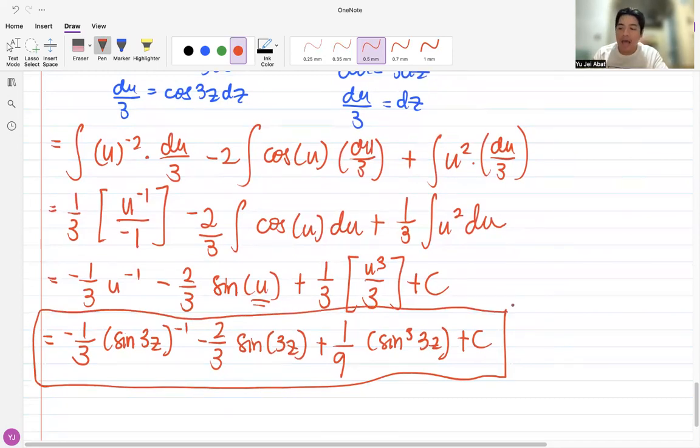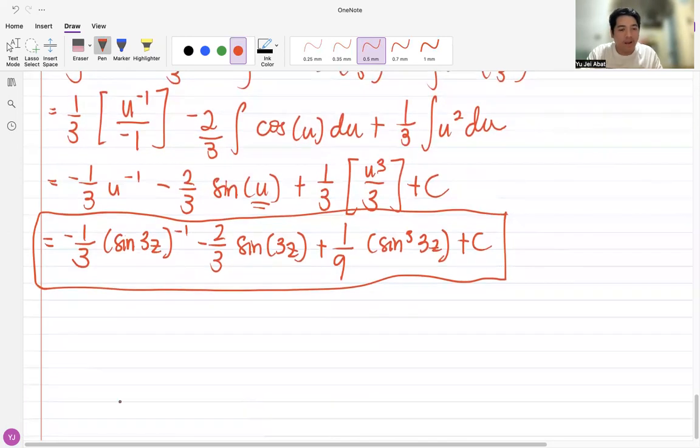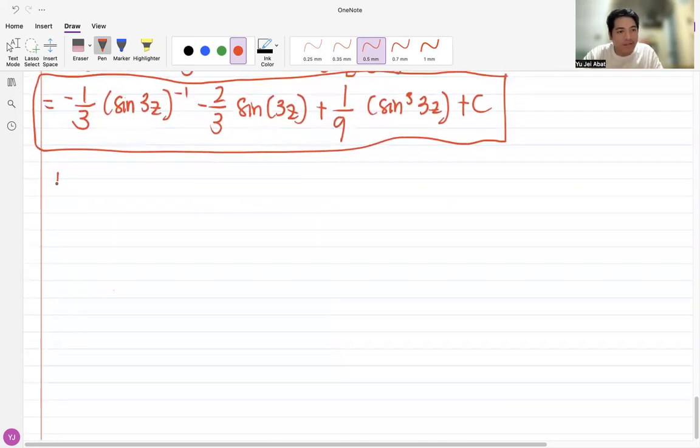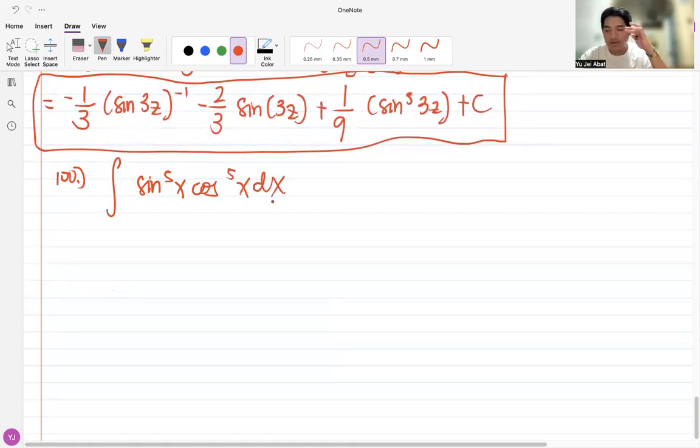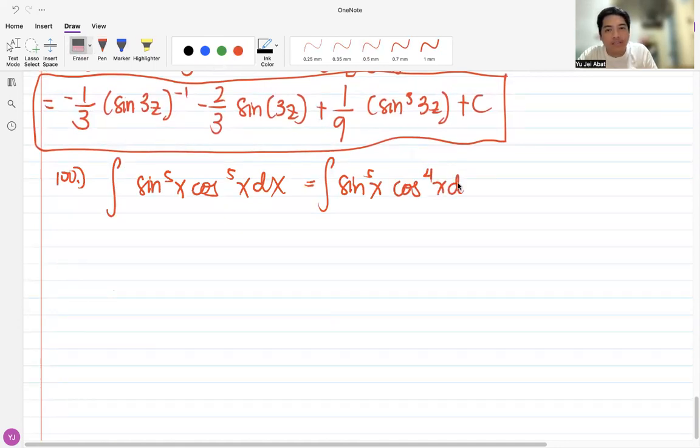And for our last number, number 100, this is for our 100 integral marathon number. So we have integral of sine raised to 5 x, cosine raised to 5 x dx. So in this case, I have to strip off cosine to the 4th of x, cosine of 4x, then I have cosine of x dx.